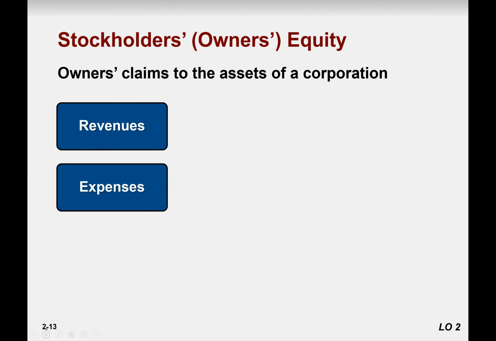Okay, now revenues and expenses. So remember, revenues and expenses both belong to shareholders, because the company belongs to shareholders and the company is set up for its operation, and its operation is to sell goods. And when you sell it, look at all this revenue.